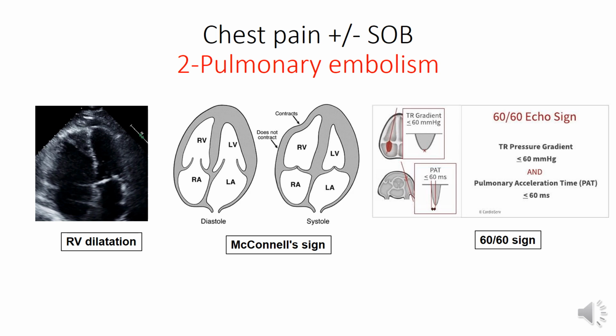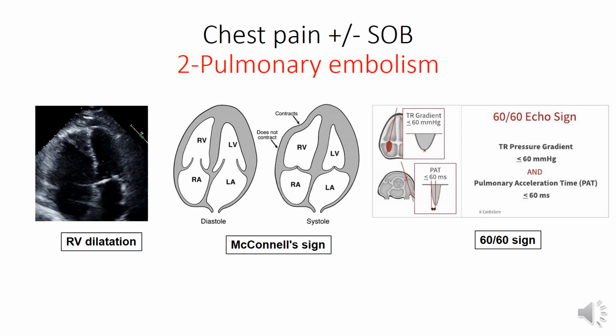McConnell in 1996, when he noticed that in almost more than 80% of patients with pulmonary embolism there are regional motion abnormalities at the RV free wall, where the RV free wall is almost akinetic and the only moving segment is the apex segment of the RV, which is tethered or pulled by the LV apex.